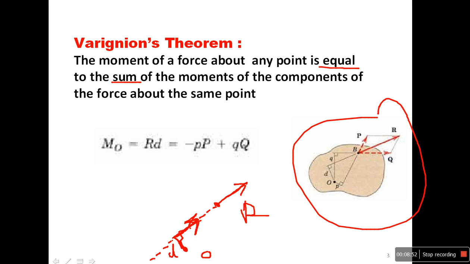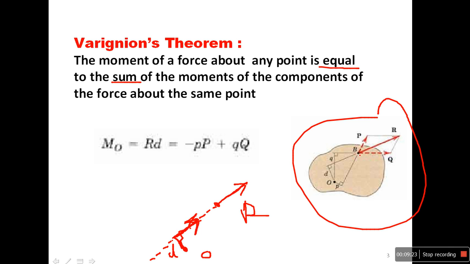This one is equal to, depends on Varignon's theorem. These are the components of R. So this component Q, multiplied by small q, is the moment arm of q.